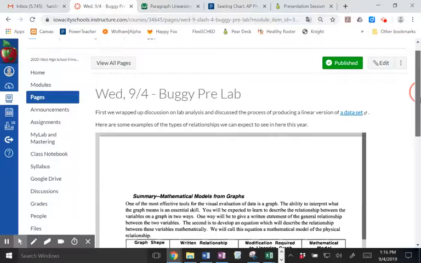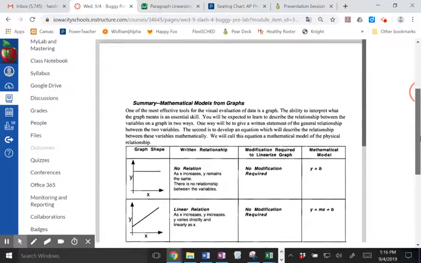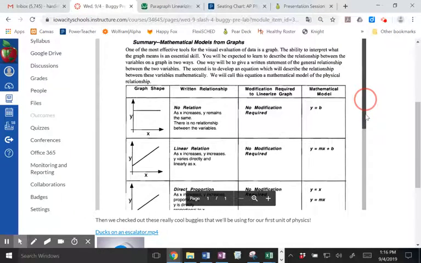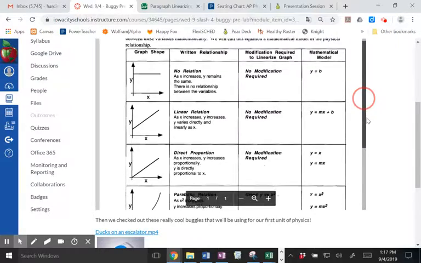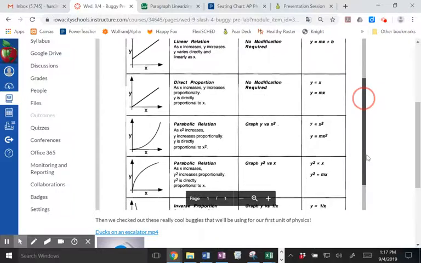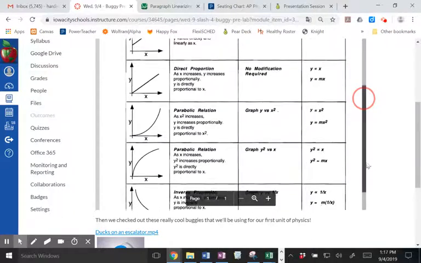I've got this chart in here that I've included, kind of the most common mathematical models, okay? And we saw some of these already. y equals b, well, that was the age versus shoe size graph. y equals mx plus b, y equals mx. We're going to encounter a lot of y equals mx squared.